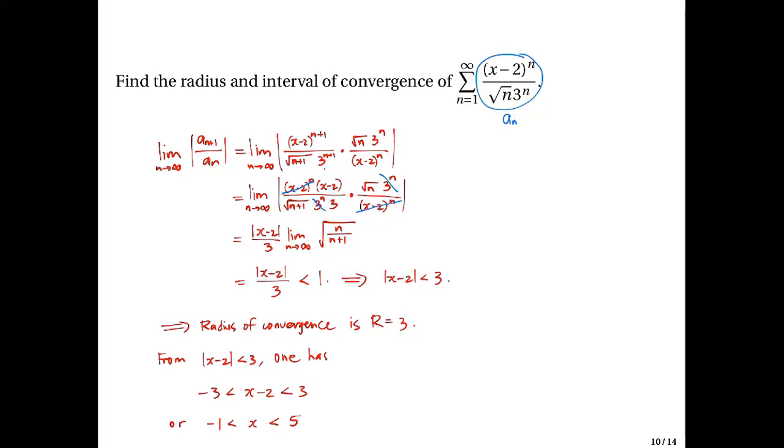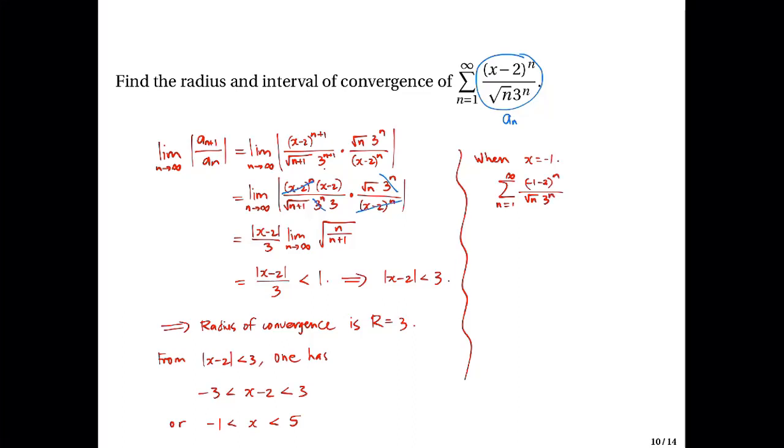We will now verify if the series is convergent at these endpoints. So when x equals negative 1, we have the series from n equals 1 to plus infinity of negative 1 minus 2 raised to n over square root of n times 3 to the n.